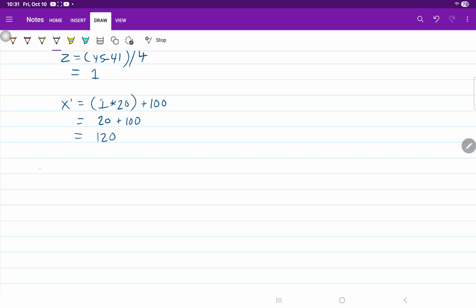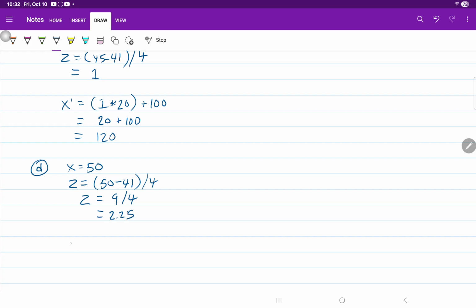And finally, D, our raw score was 50. Again, we need to compute that z-score because it gives us the relative position of everything. So we have 50 minus 41 divided by 4, which gives us 9 over 4, and 9 over 4 is equal to 2.25.